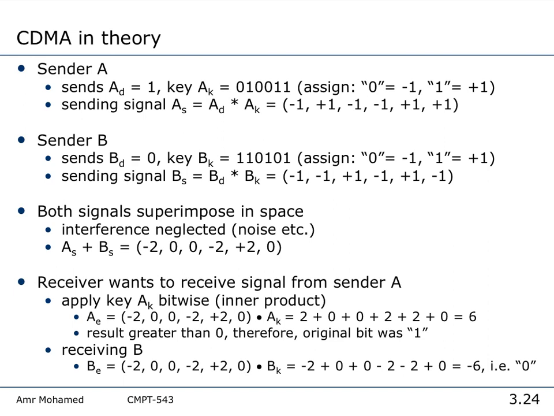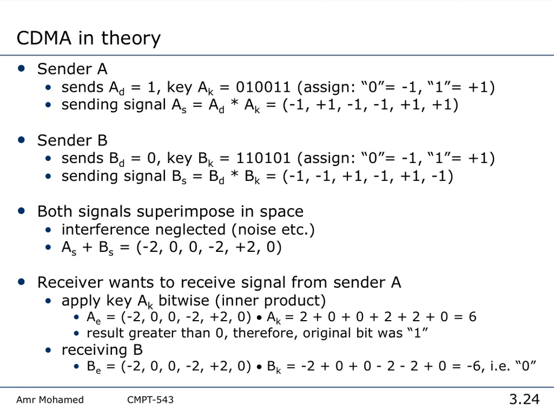But if any other node wants to listen to a communication that happens between another node and the base station, this is the eavesdropper. The eavesdropper listens to an ongoing communication. Well, if it does not have that CDMA code, it won't be able to receive anything. Okay.